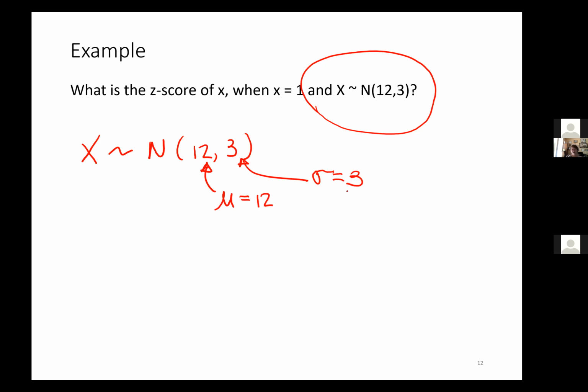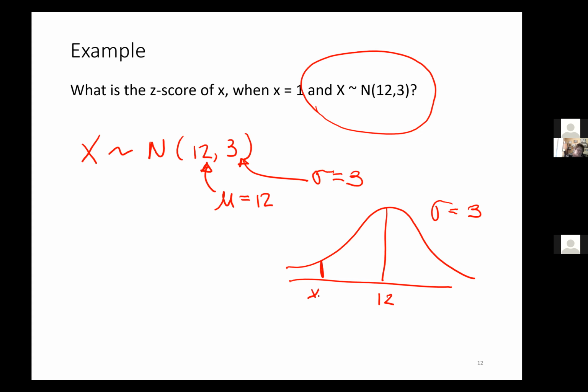So if I want to find the Z-score for a normal distribution whose mean is 12 and whose standard deviation is 3, I can use the formula. So again, normal distribution, mean is 12, standard deviation is 3. Where is 1?